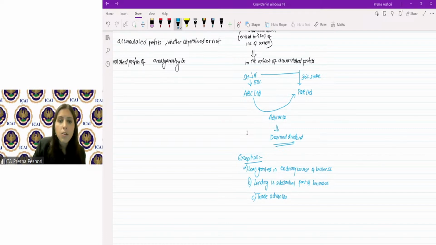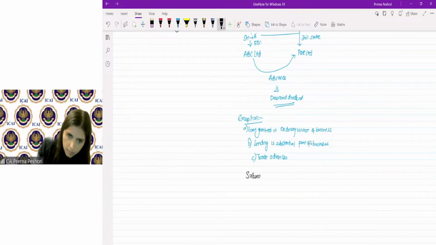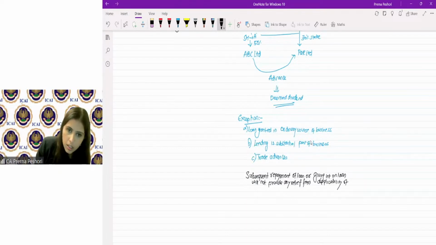So subsequent repayment of loan or giving interest on loan will not provide any relief from applicability of section 222E.